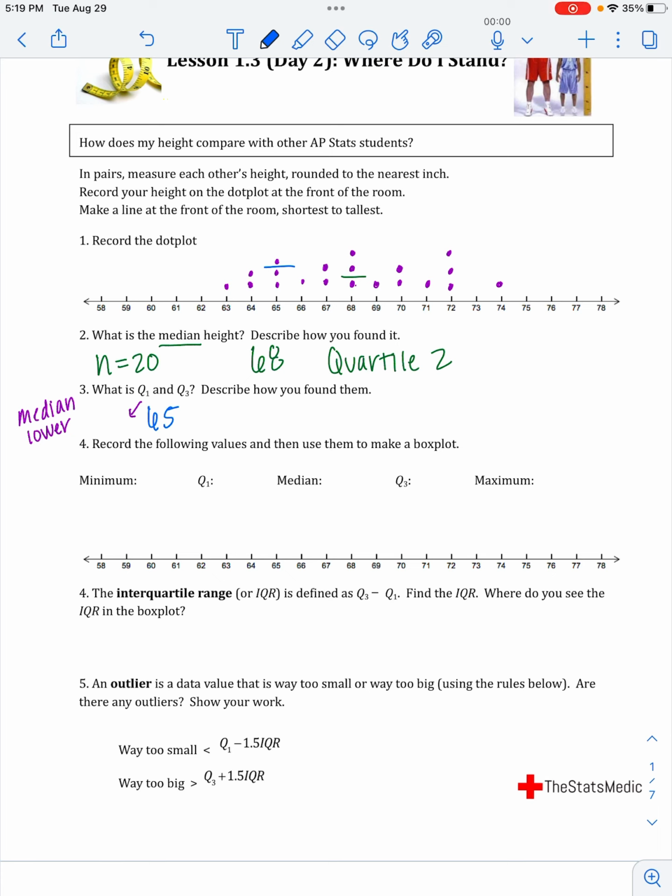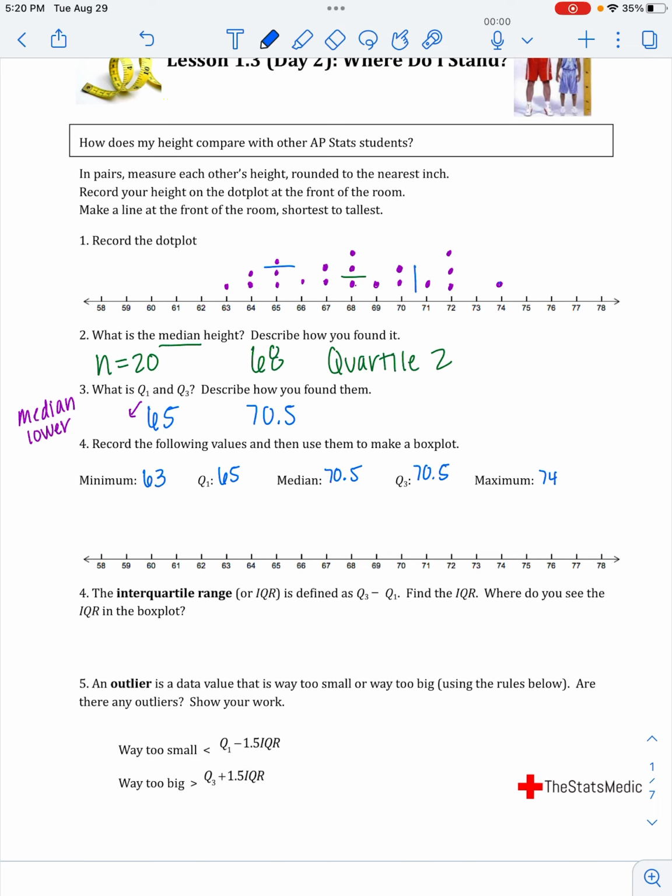Because if you found the 5th data point, 1, 2, 3, 4, 5 from the left, you know it's going to come right after that 71, so you should find that Q3 is 70.5. Okay, so I'm going to write that down here: 65, 68, 70.5. My maximum number is 74, and my minimum number is 63.